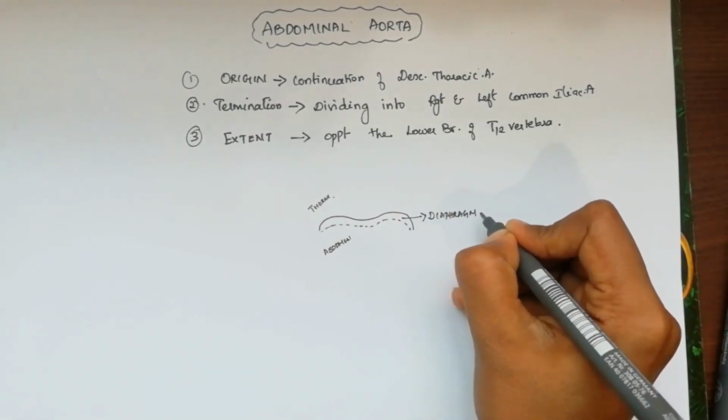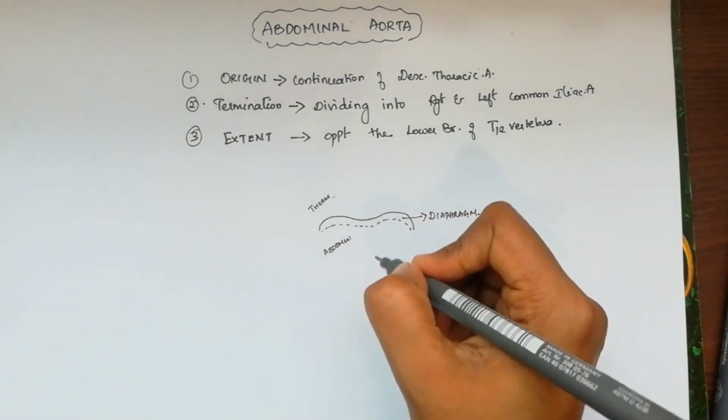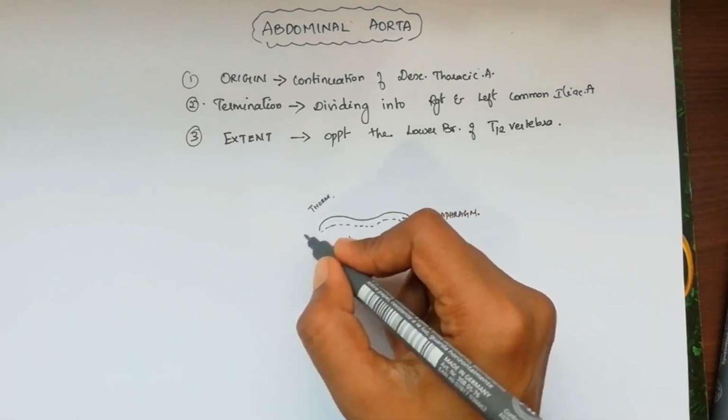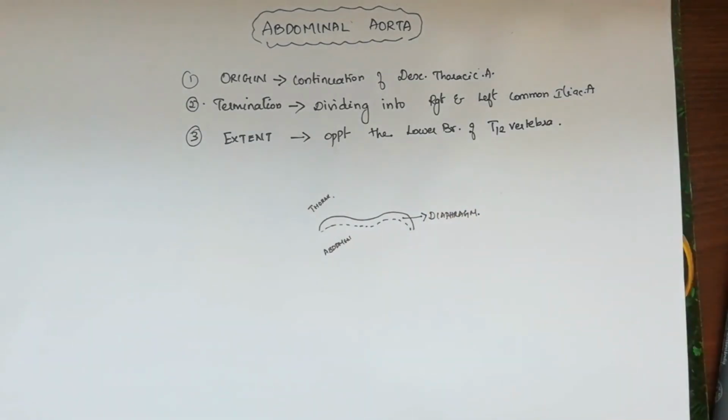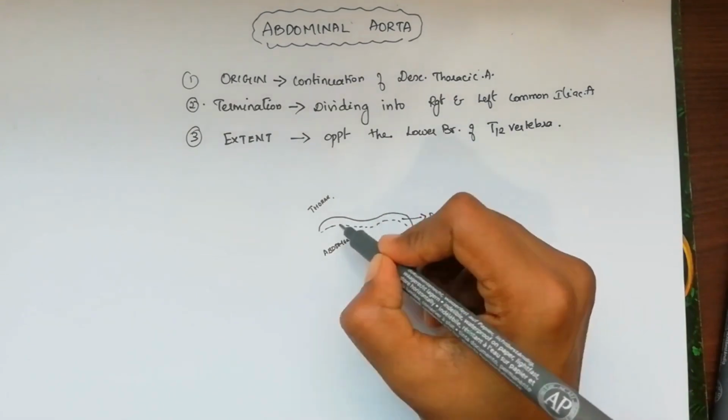So this is the diaphragm, which divides the 2 cavities of our body, the thoracic cavity and the abdominal cavity.